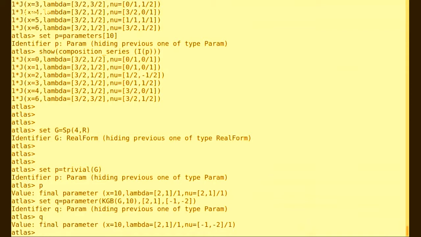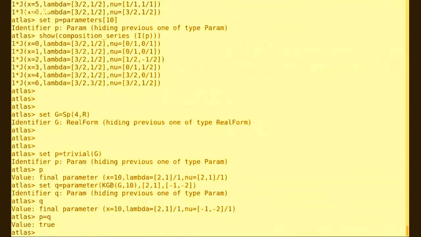Nu is not dominant, but it could be made dominant. This is not a parameter that we haven't seen before. And let's see, is P equal to Q? The answer is yes.